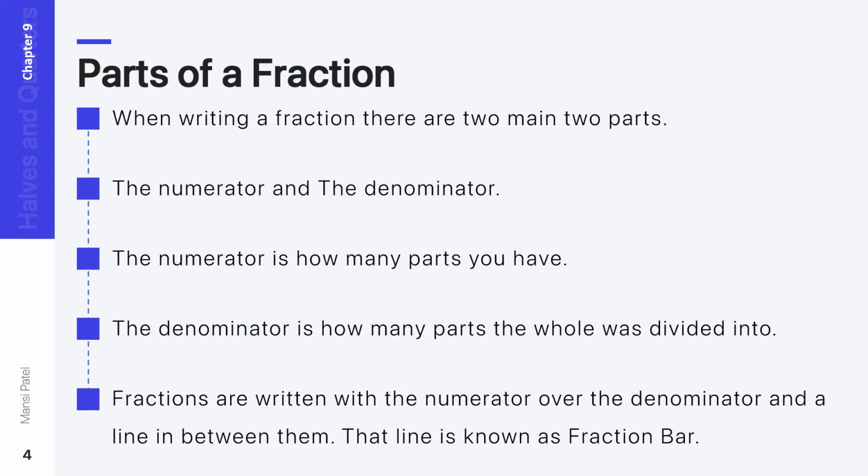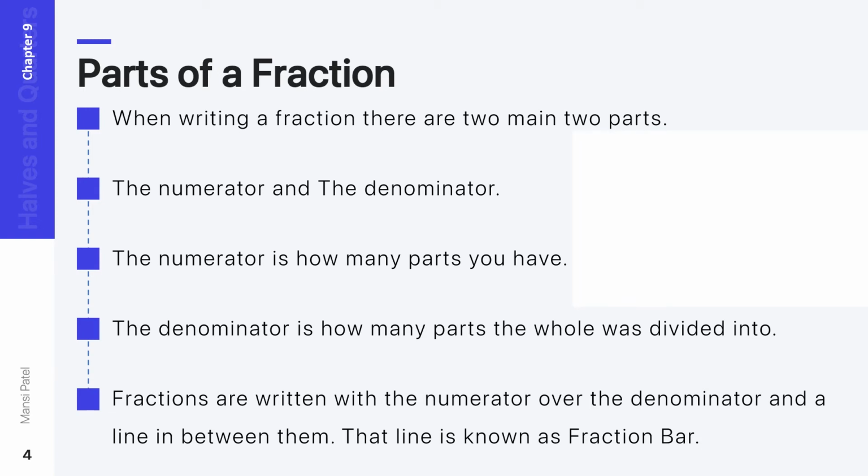To separate the numerator and denominator, we draw one line. So we can say the numerator is over the denominator with a line between them. That line is known as the fraction bar.